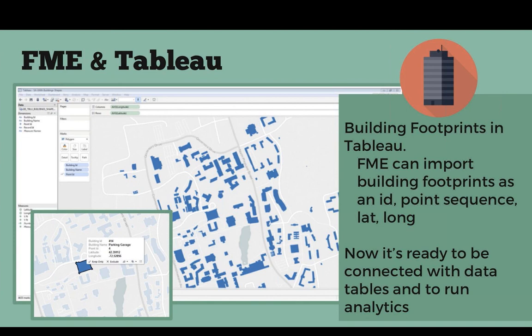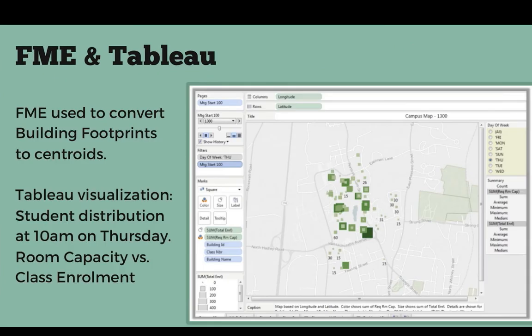And of course, once you've got it set up, all this stuff can be automated, so that's the great part of using FME. So they've brought that data in as the building footprints with the different information about the buildings into a SQL table. And then from there, they can connect that information to the data analysis that they want to do. In this case it was just a pretty simple data analysis.